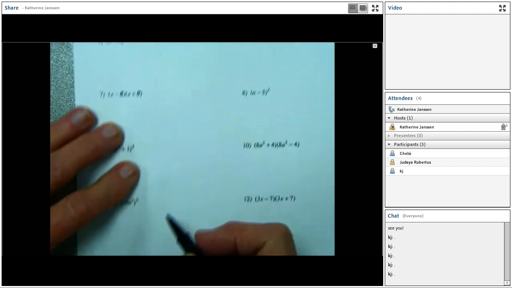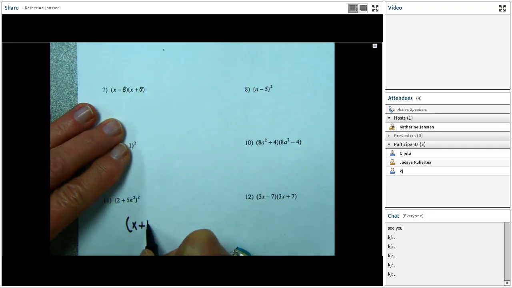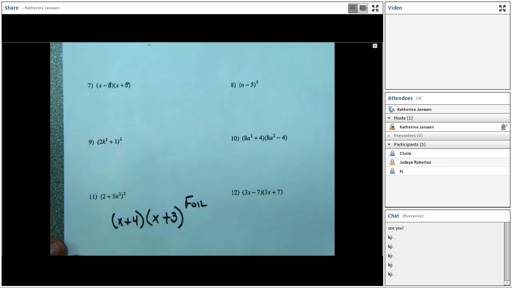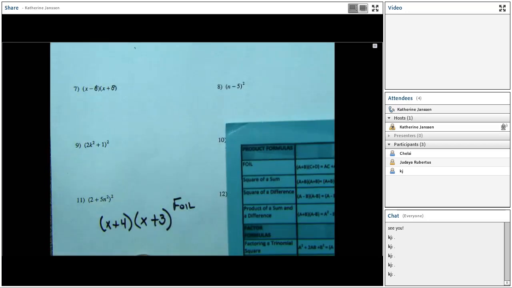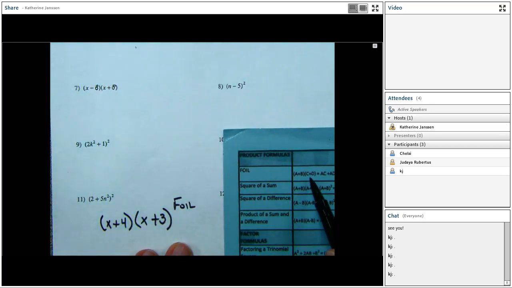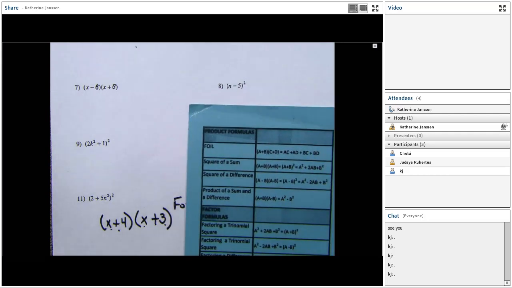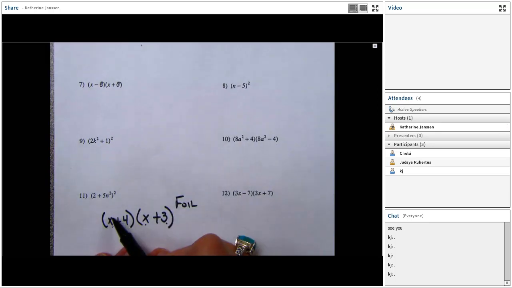And remember that FOIL is used when I have a binomial times a binomial, but the first two terms are maybe alike. They are here, but the last two terms are different. So FOIL is our distributive process.